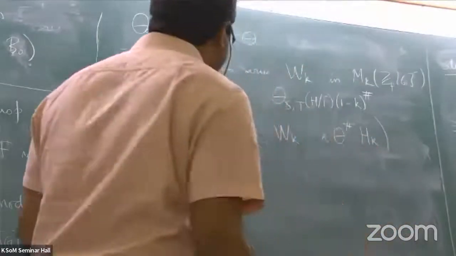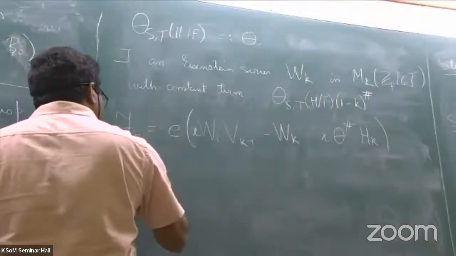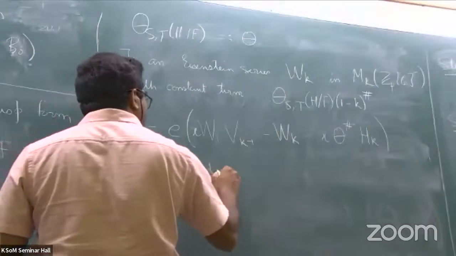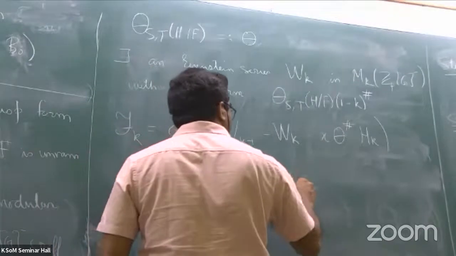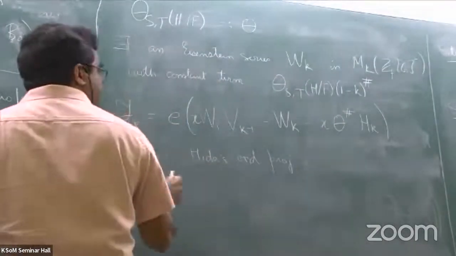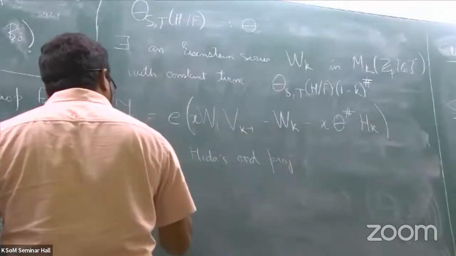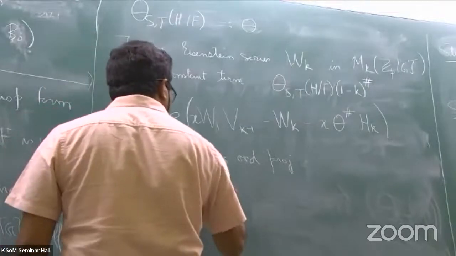So there are lots of things I need to explain. E is Hida's idempotent, Hida's ordinary projection. This V_{k-1} is a lift of the Hasse invariant.